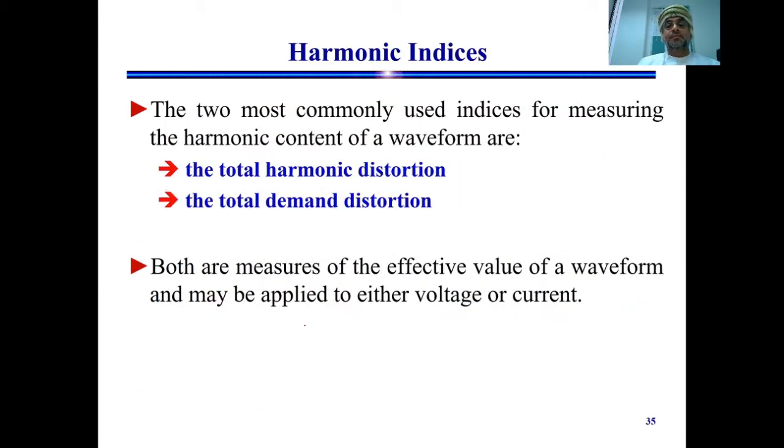They came up with two indices: total harmonic distortion, as we have discussed already in chapter 1, and also total demand distortion. Both are a measure of the effective value of a waveform and may be applied to either voltage or current.